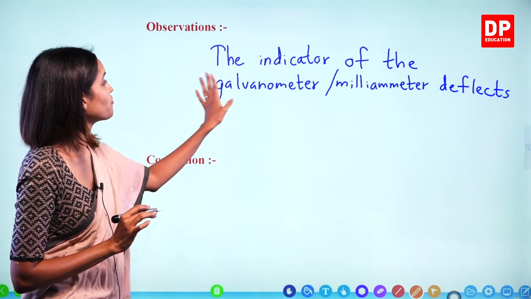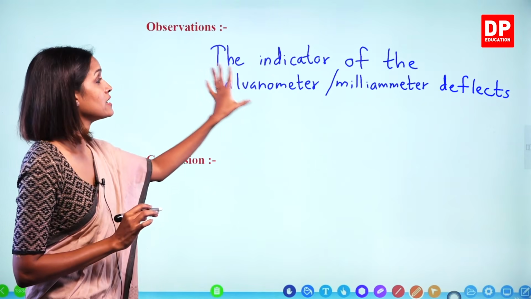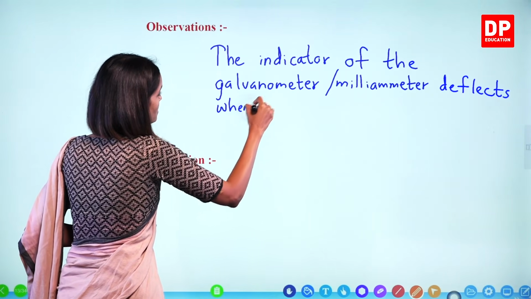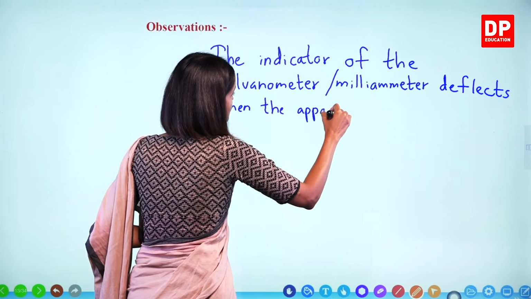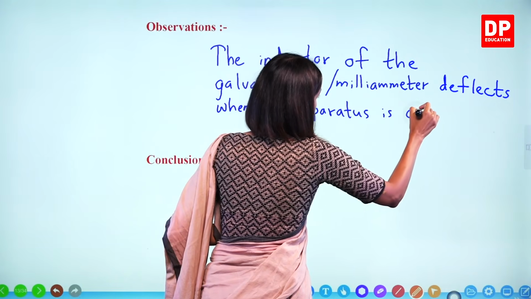Right, indicator of the galvanometer, millimeter deflects when the apparatus is connected to it. We will write that part as well. When the apparatus is connected.